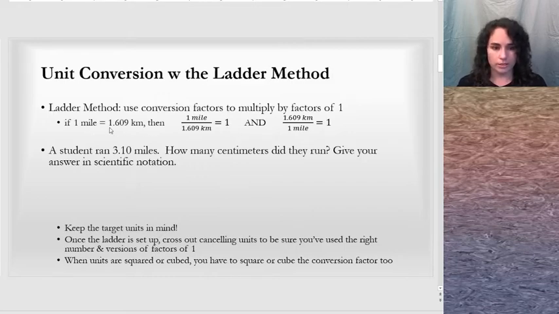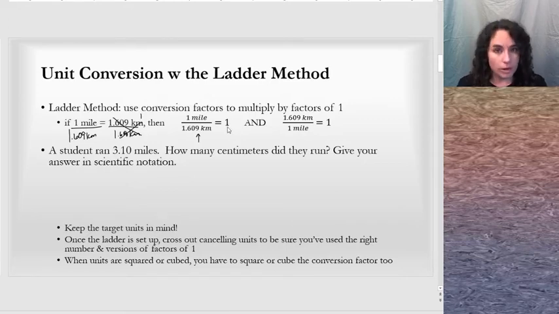So for instance, if I divide by 1.609 kilometers on both sides of this equation, on this side it reduces to 1. And on the left side, I'm left with this ratio, right? That's what we were saying, ratios. So I end up with this ratio of one unit to another, which is actually a factor of 1.